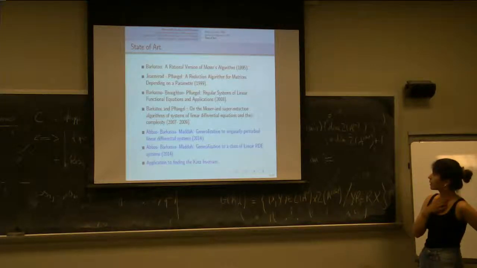Now, another work, related more to the algebraic problems, is the work of Jurro and Pflügel, where they borrowed this criterion of Moser to tackle the algebraic eigenvalue-eigenvector problem. And as you have seen in the seminar of Barkatou, they generalized this Moser criterion and the algorithm to regular systems of linear functional equations, and gave its applications.